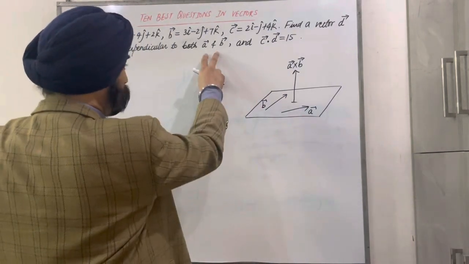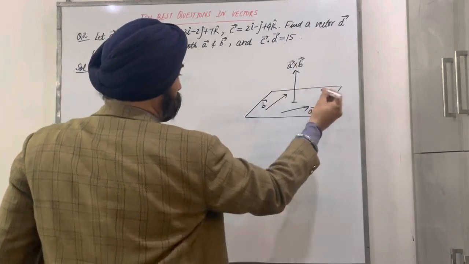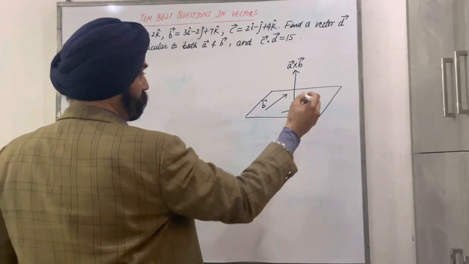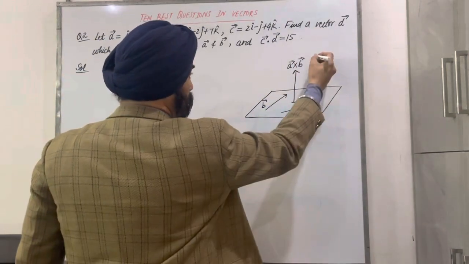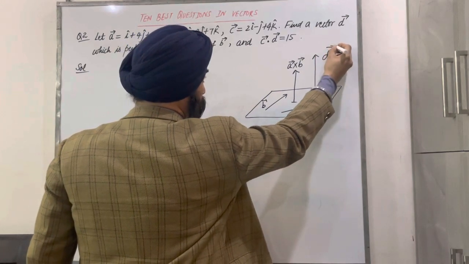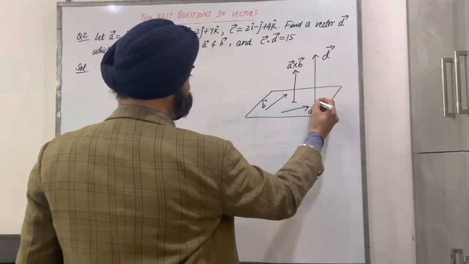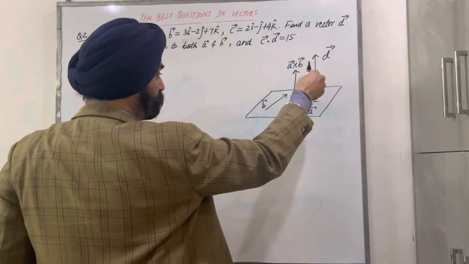So you have to find a vector D which is perpendicular to both A and B. Now, perpendicular to both A and B means if we go for a vector like this, this is vector D. Now we can move this vector anywhere but parallel to itself.